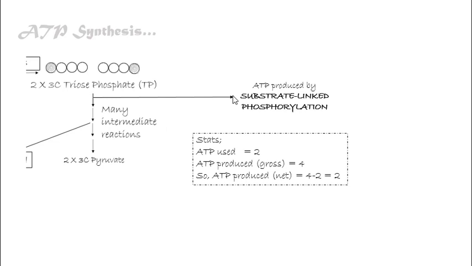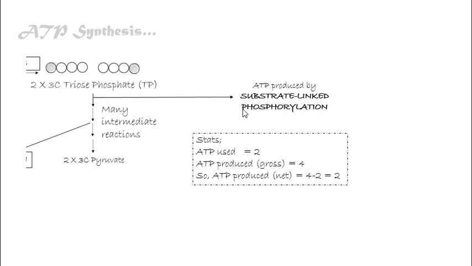Now during glycolysis, ATP is synthesized by a special process known as substrate-linked phosphorylation, and sometimes you will also come across this term in a different name called substrate level phosphorylation. Both of these names, substrate linked and substrate level, mean the same thing. So now let's have a look at what exactly substrate linked phosphorylation is.